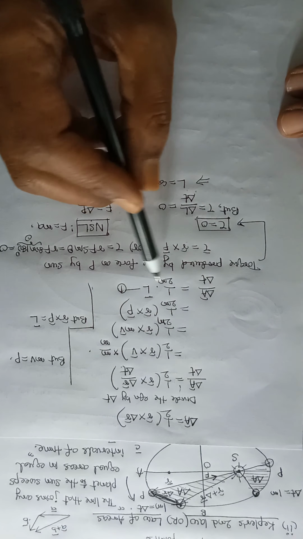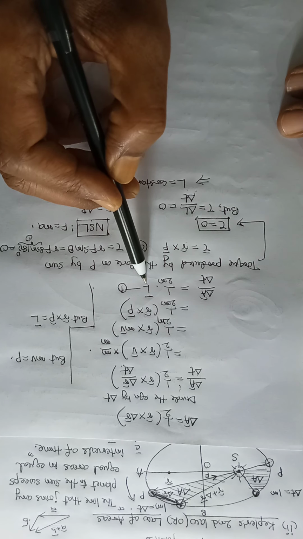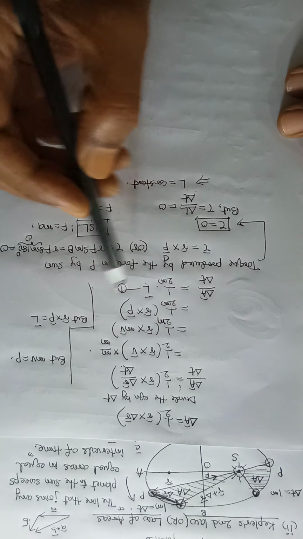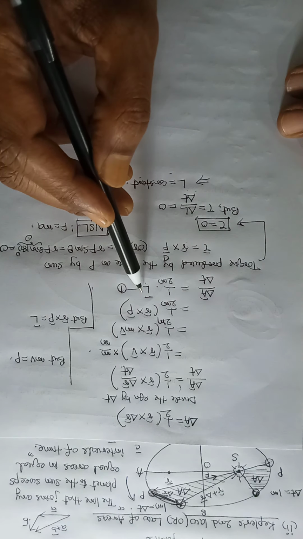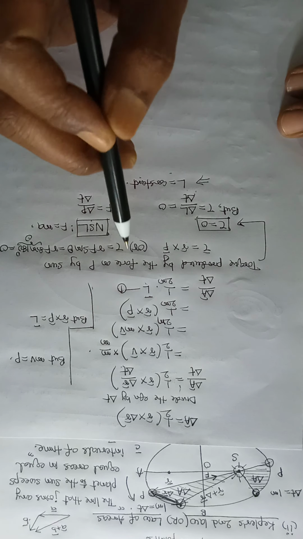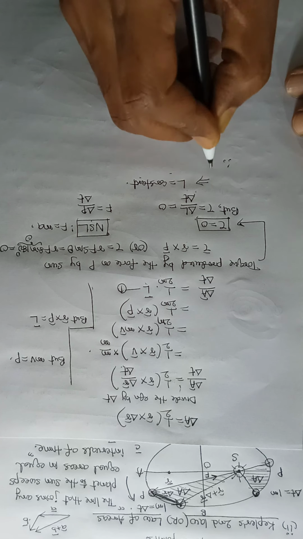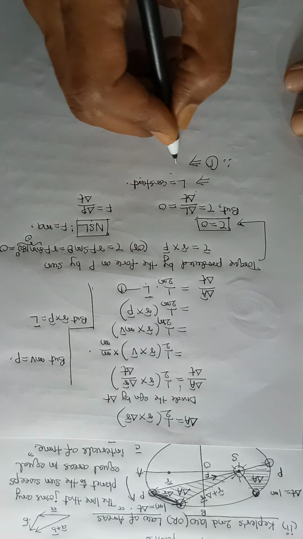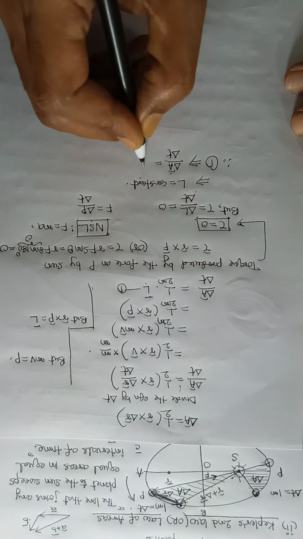Now you see here, for delta A by delta T we got this equation. Here the mass of the planet is constant and L is also constant. So this entire right hand side is constant. Therefore equation 1 implies that delta A by delta T is constant.